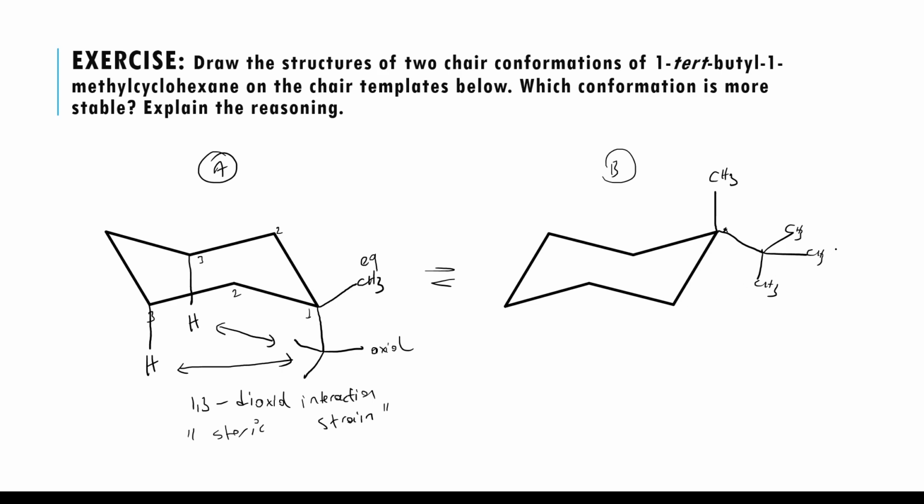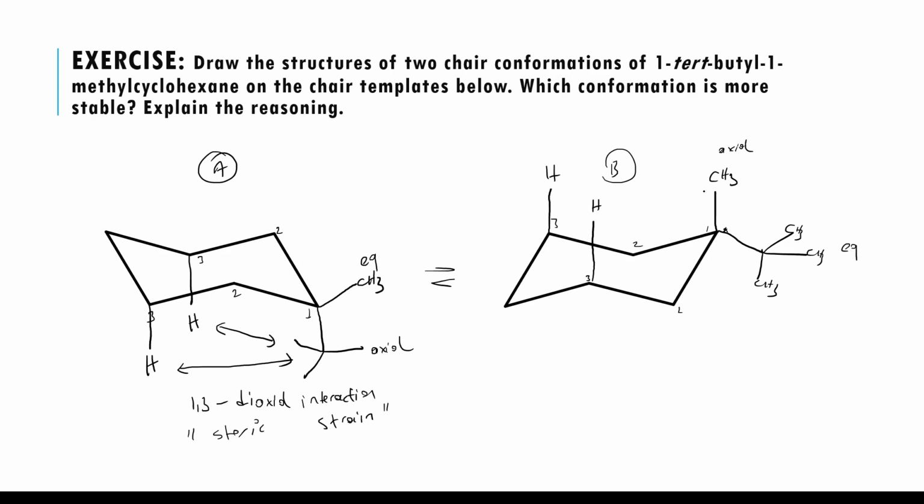Now, since the tert-butyl now is in the equatorial position, it will not have any diaxial interaction with the axial hydrogens, but now the axial methyl group will be having axial interaction. So if this is number 1, 2, and 3, there will be an axial pointing upward hydrogen, and on the opposite side of the ring, also second and third carbon, we will have also an up axial position like this.